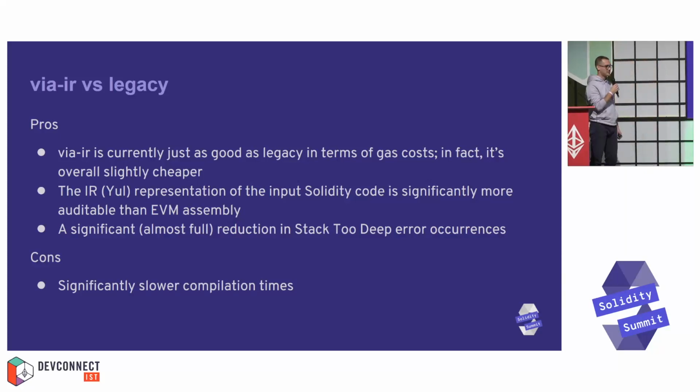A lot of that is kind of dependent on EOF and the EVM itself, but the actual reduction is significant, and in general, you won't have to apply any of those dirty scoping tricks for stack slots and function parameters and whatnot. But yeah, overall an improvement. The compilation time is significantly longer. That's kind of the only downside.